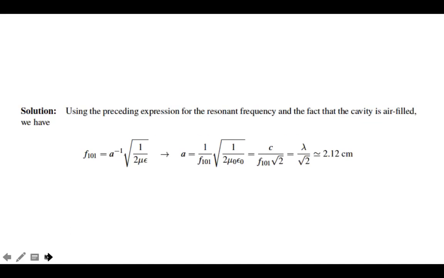Using the previous expression for the resonant frequency and the fact that the cavity is air-filled, we can calculate the dimension a. If we plug in all other relevant information, we get that a is 2.12 centimeters.